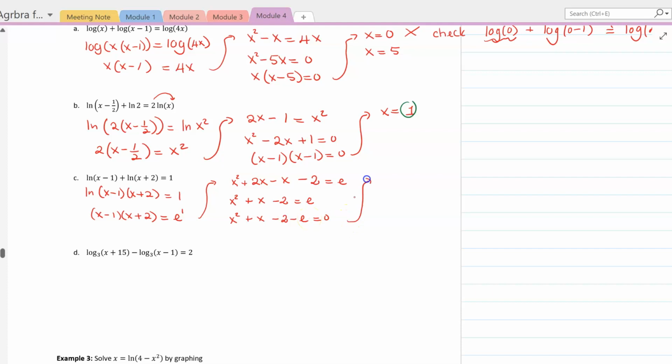I can solve this by using the quadratic formula: x equals negative b plus or minus the square root of b squared minus 4ac, over 2a. So x equals negative 1 plus or minus the square root of 1 minus 4 times negative 2 minus e, divided by 2.